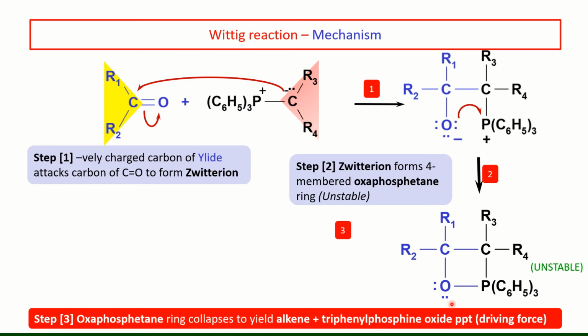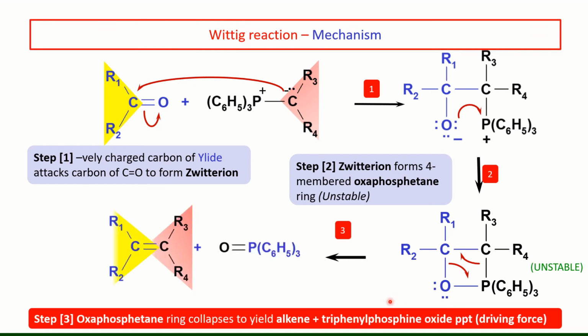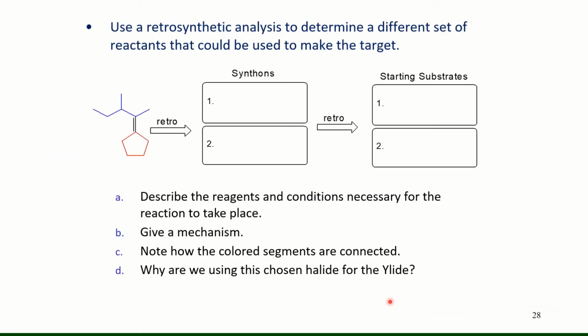So a pericyclic reaction takes place with ejection of that species and your olefin. Can you feel this? Good, let's move on.